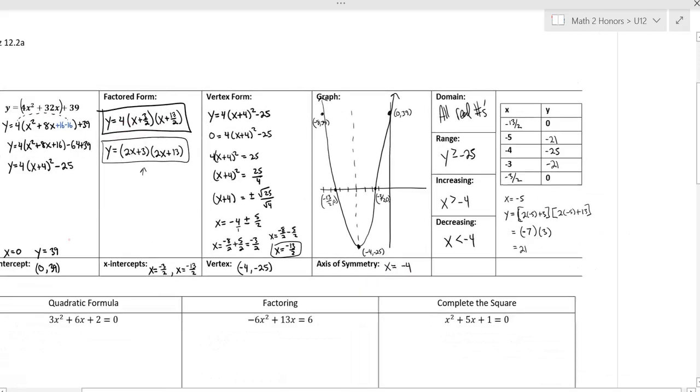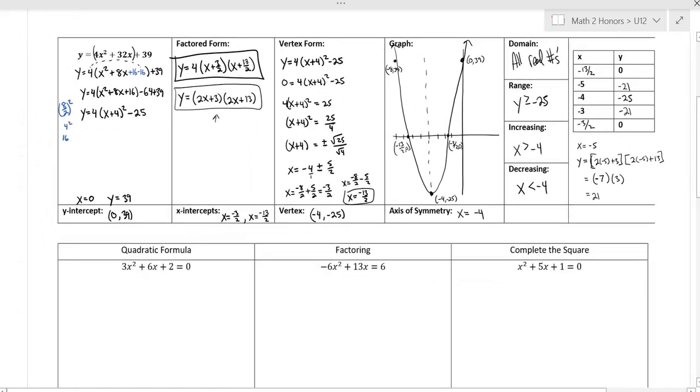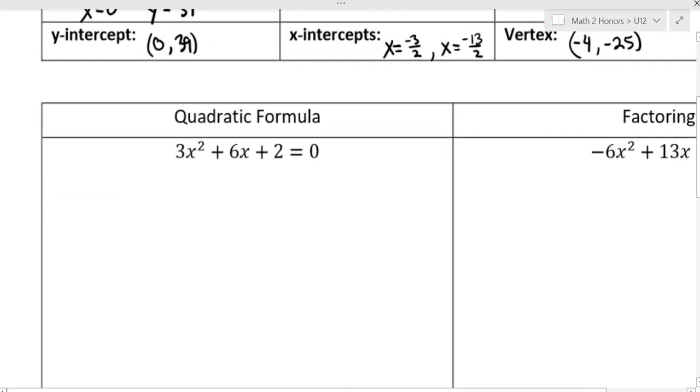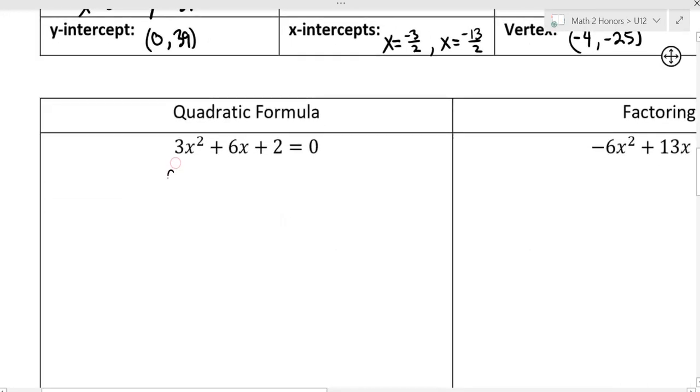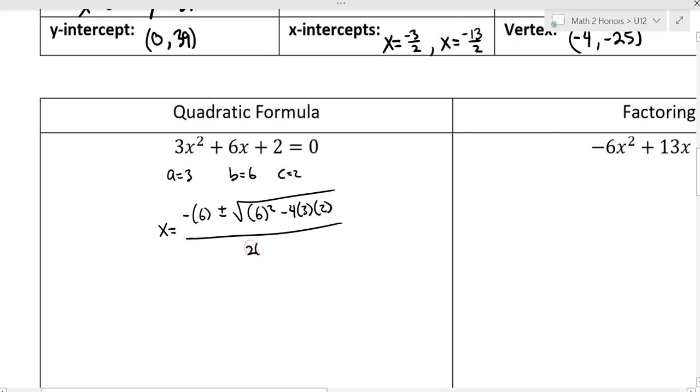Okay. Now for solving, using 3 different methods. First one we want to solve by using the quadratic formula. A is 3, B is 6, C is 2, and the quadratic formula is negative b plus or minus the square root of b squared minus 4 times a times c, all over 2 times a.